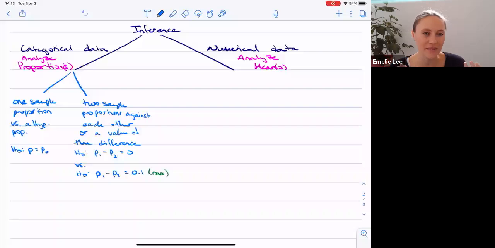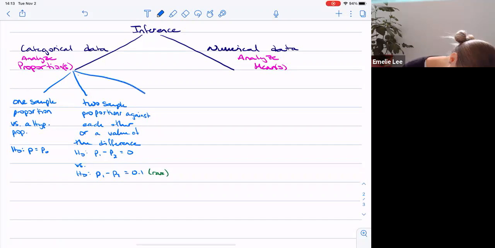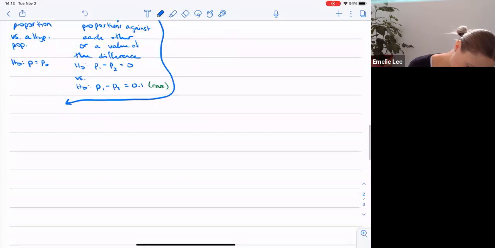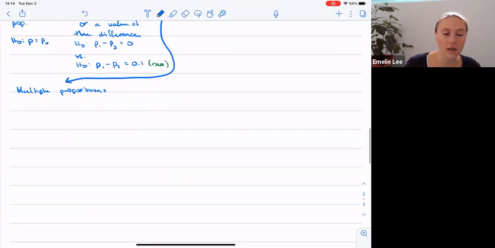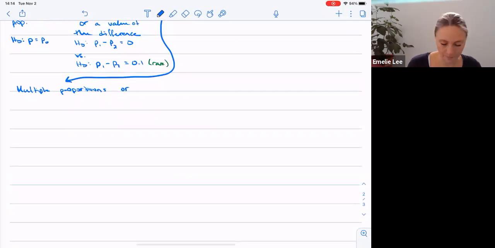We're comparing the observed versus the expected values. So we can compare multiple proportions. Or compare distributions.